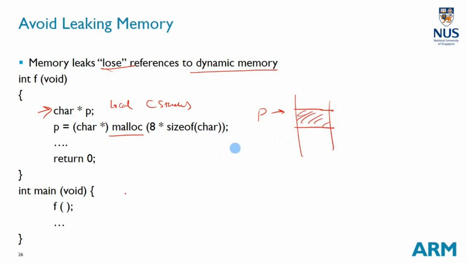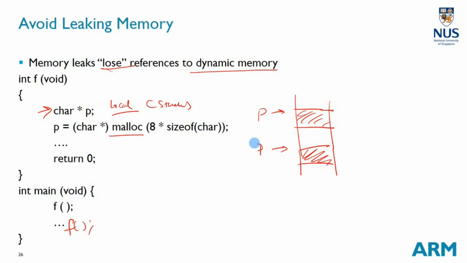The next time I call f again, imagine that later on I call f one more time, I will create a new p, and I will point to some other memory location which will be allocated to me, because each time I call, it is a local variable on the stack.